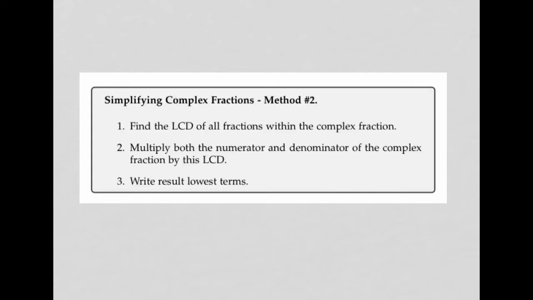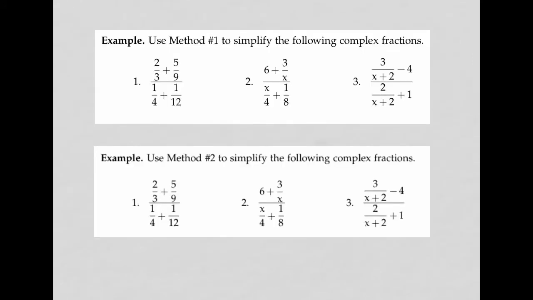Second, we're going to multiply both the numerator and denominator of the complex fraction by this LCD. And finally, we're going to write our answer in lowest terms. I'm going to go over these three examples, and to do that, I'm going to use both methods, method number 1 and method number 2.